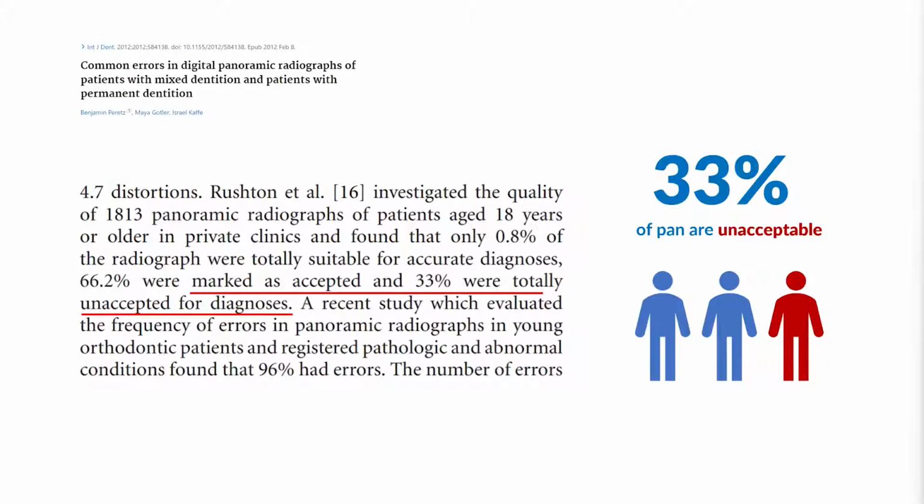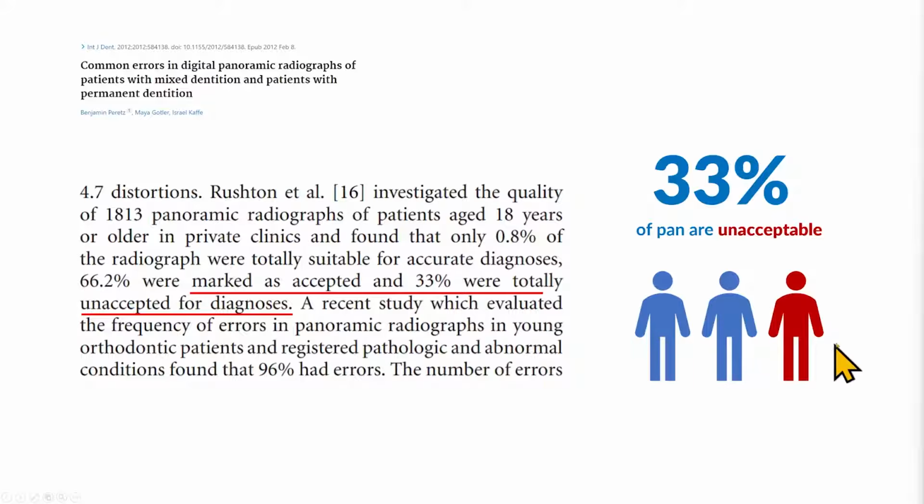In their review, one study showed that 33% of the radiographs were totally unacceptable for diagnosis. And only 0.8%, that's less than 1, were suitable for accurate diagnosis, and 66% were accepted.